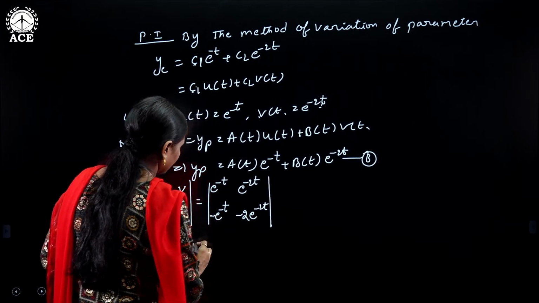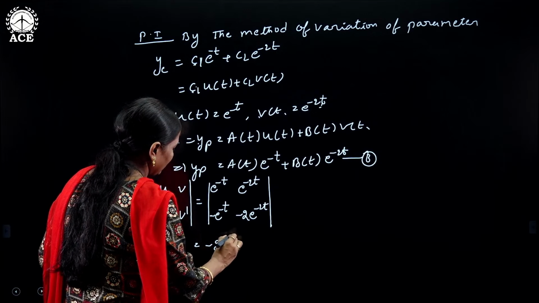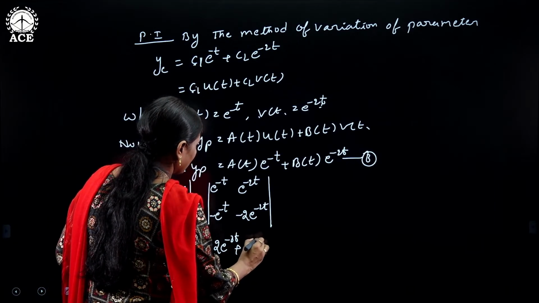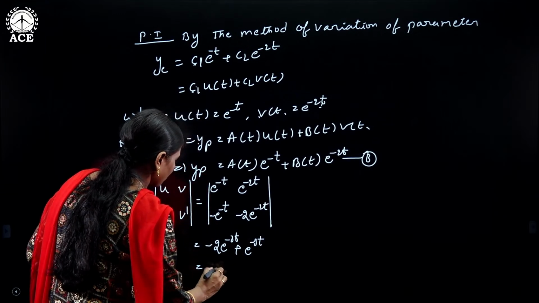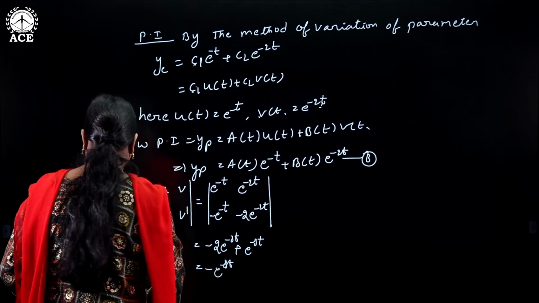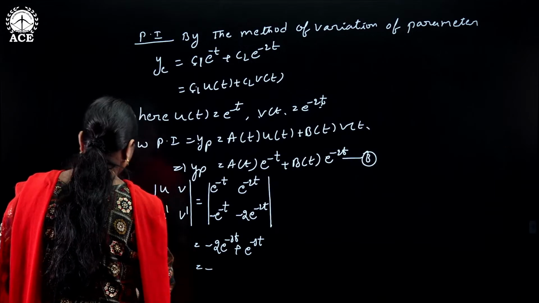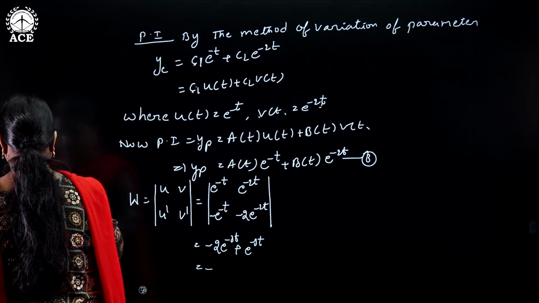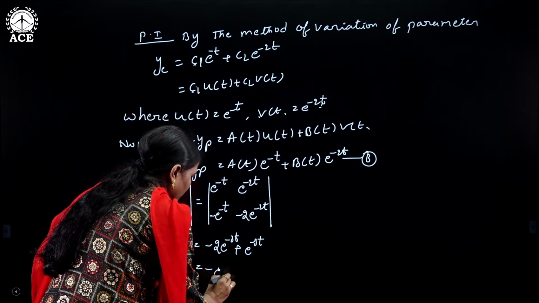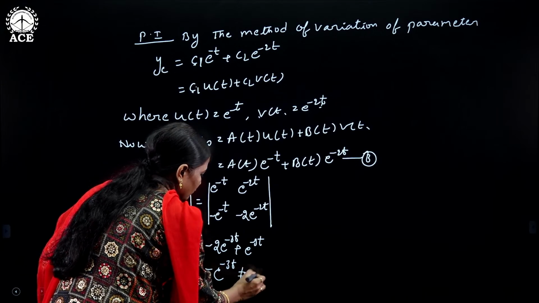If you find the determinant, that is equal to minus 2 into e power minus 3t plus e power minus 3t, so that is equal to minus e power minus 3t, which is not equal to 0.